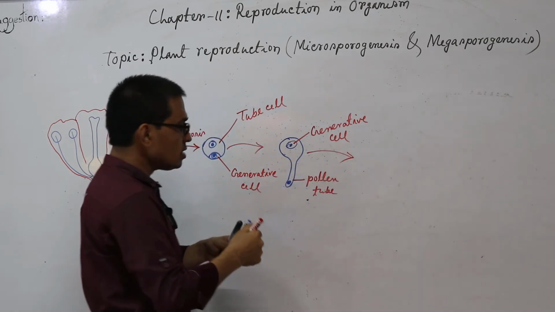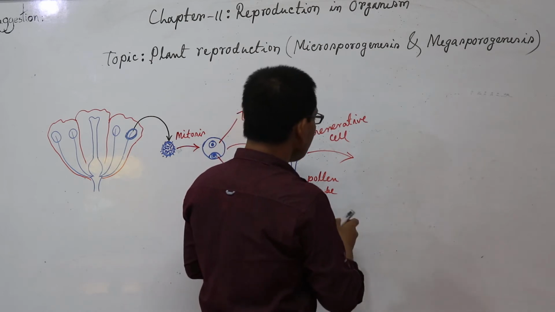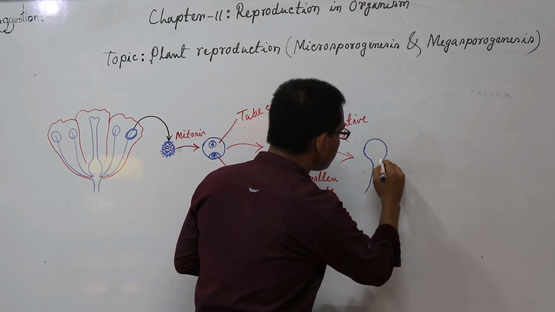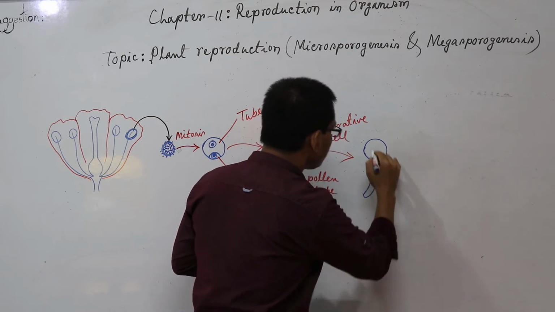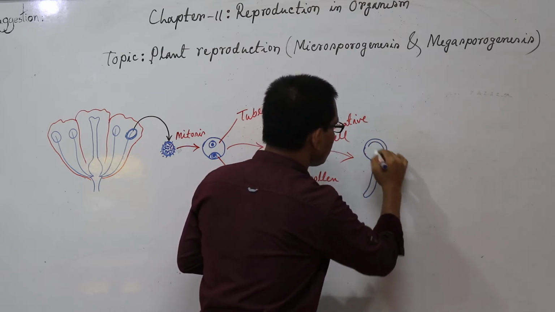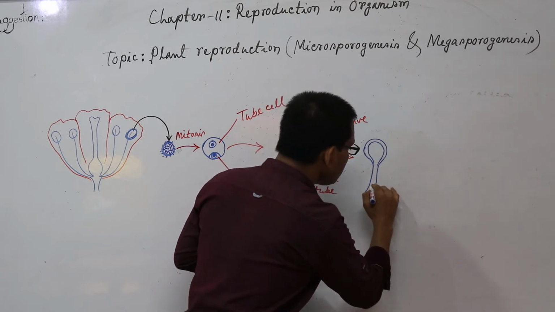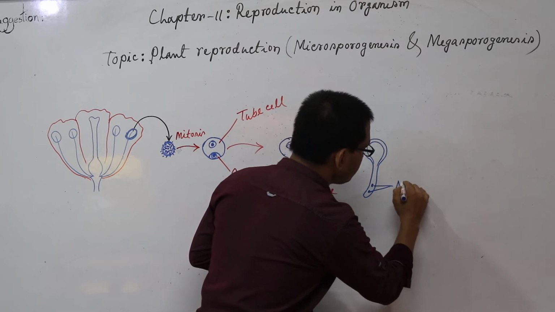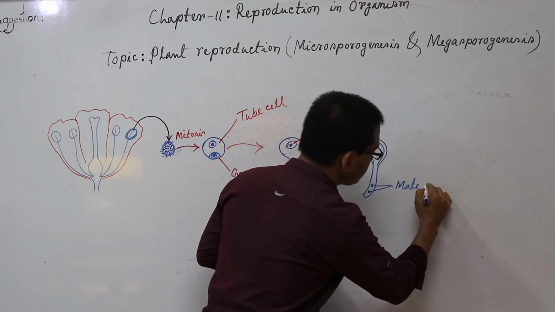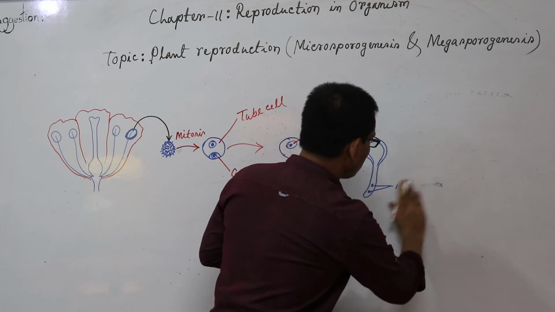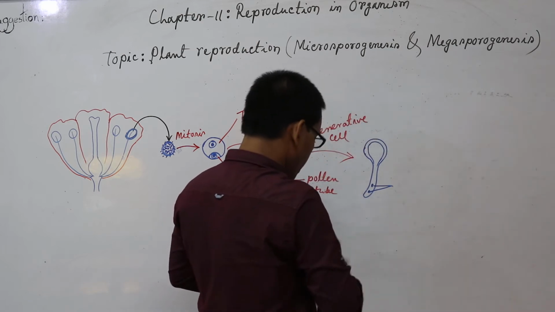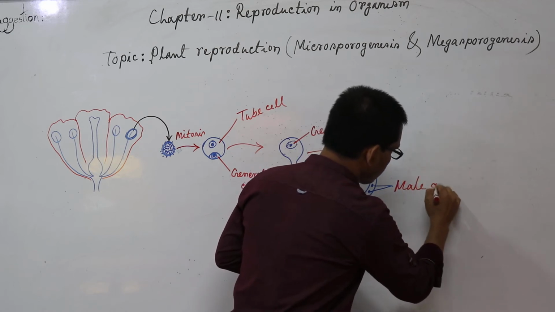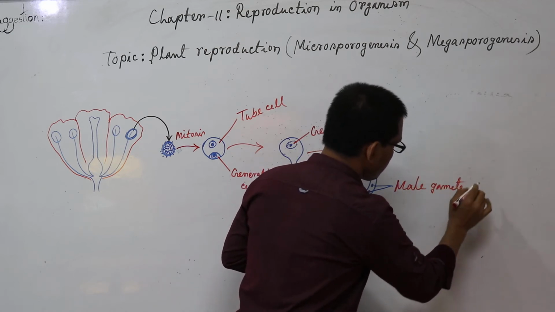In next stage, this generative cell again divides to form 2 male gametes.